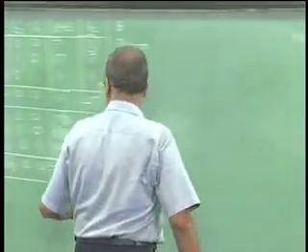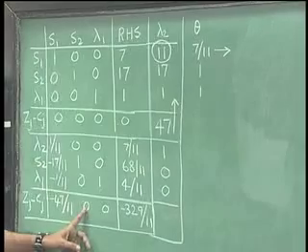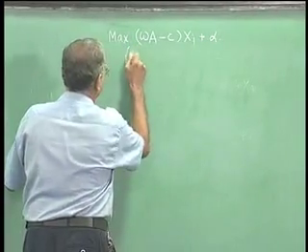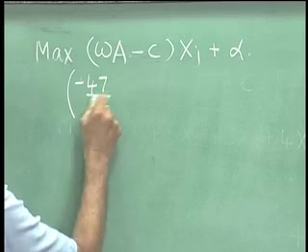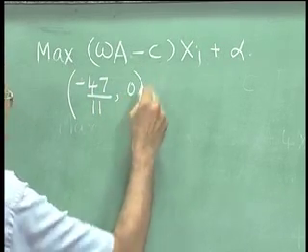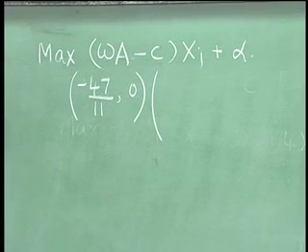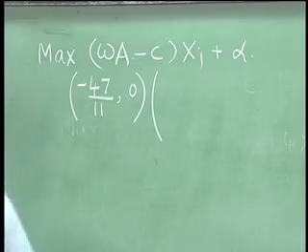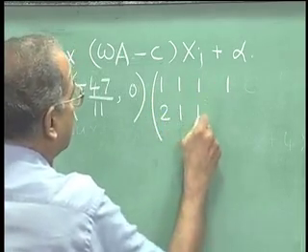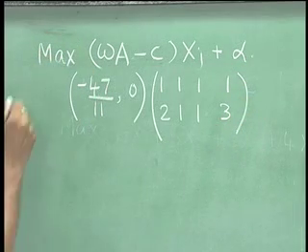From this we know that now W is minus 47 by 11 comma 0, into A, which is 1 1 1 1, 2 1 1 3, 1 1 1 1, 2 1 1 3. So, we are first finding out WA.